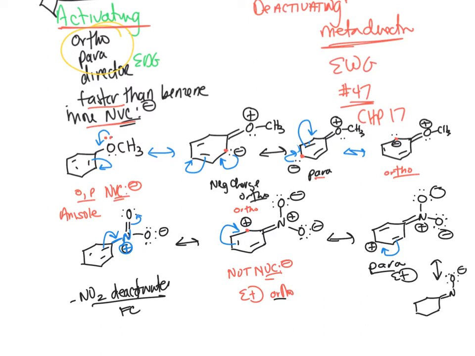And this is why you don't get the electrophile adding to these positions. And so once again, this is the ortho position. So 4B, the nitro group withdraws electrons from the aromatic ring.